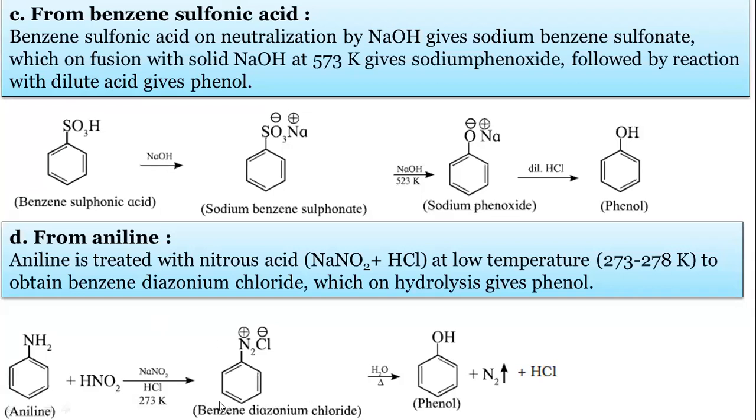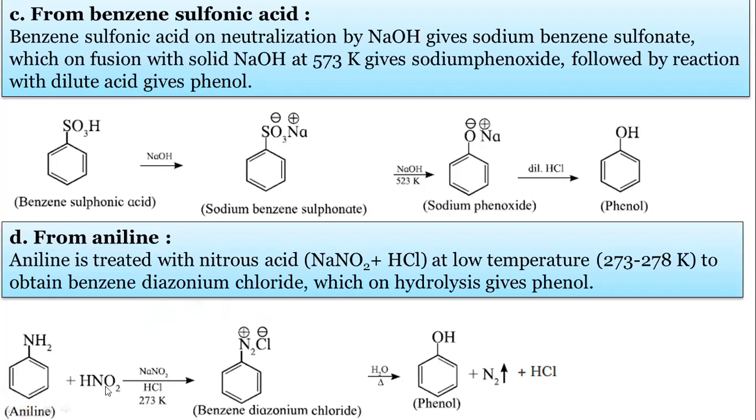This benzene diazonium salt, or benzene diazonium chloride, is a very important compound. By this benzene diazonium chloride, you can prepare 7 to 8 different products. In chapter number 13, amines, we will see in detail how many products are formed. So this benzene diazonium chloride is the intermediate. If it is treated with H2O, means hydrolysis is carried out, we get phenol, N2 gas is liberated and HCl is formed. So this reaction will be repeated in chapter number 13, remember.